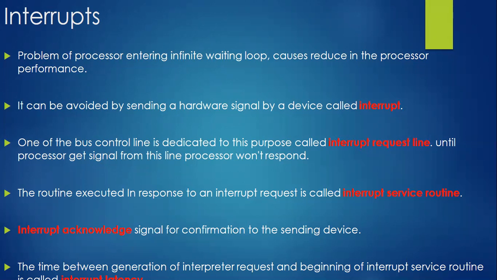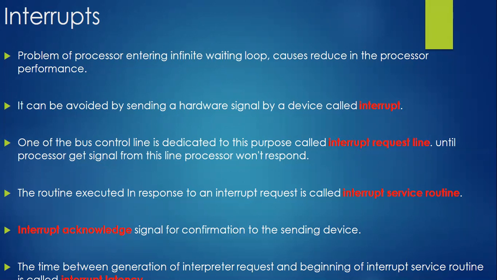So in between, if any lowest priority device, and I'm just taking an example of highest and lowest priority, would like to get a service from the processor, then it raises a hardware signal. As a result, the processor will pause the execution of the previously started service for the highest priority, and it will start providing the service for the lowest priority device.